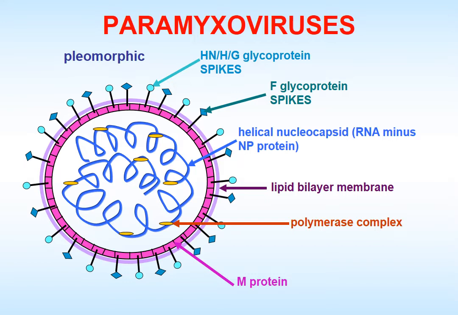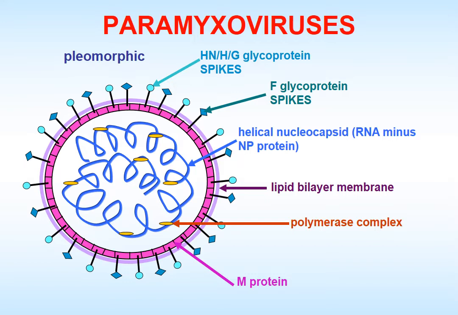It can be a pleomorphic type of virion, but you can see two types of spikes. It can be HN or HG glycoproteins, and you can see F fusion glycoprotein spikes.